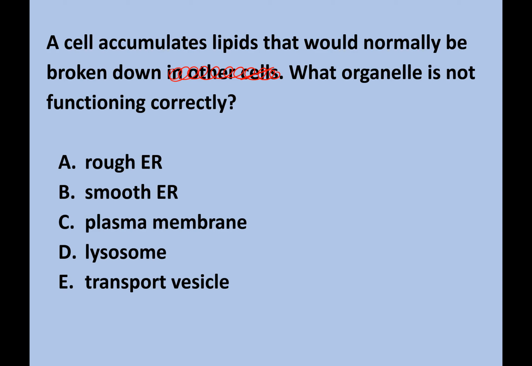What organelle is not functioning correctly? The answer is the lysosome. So remember that the lysosome is what breaks things down. The smooth ER is where lipids are produced. Sorry about that confusion.